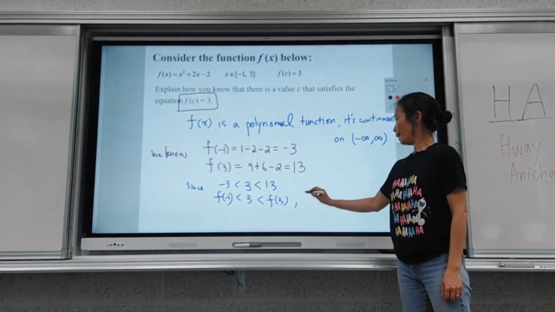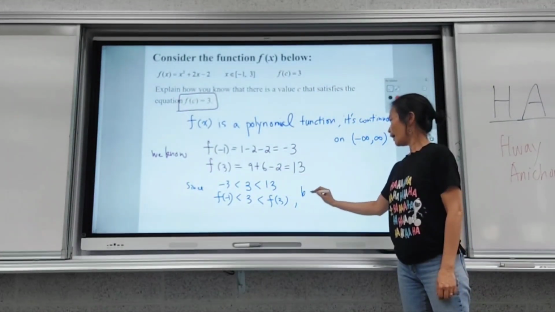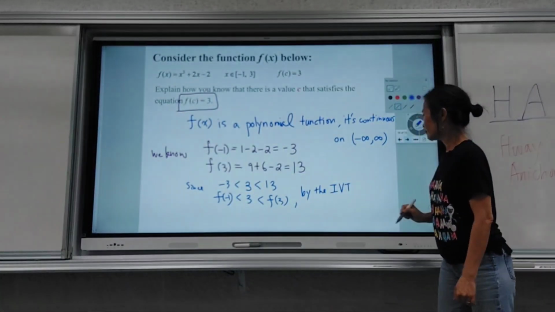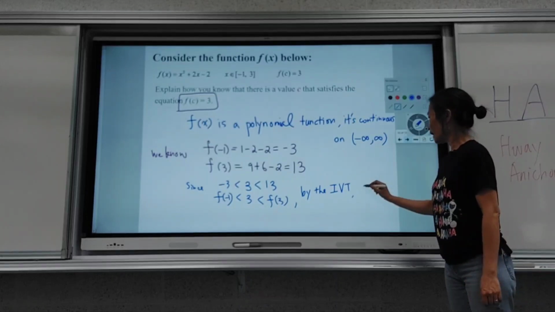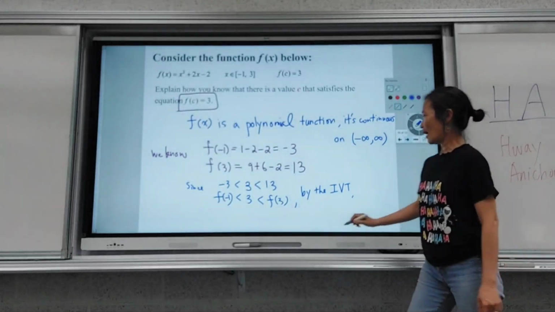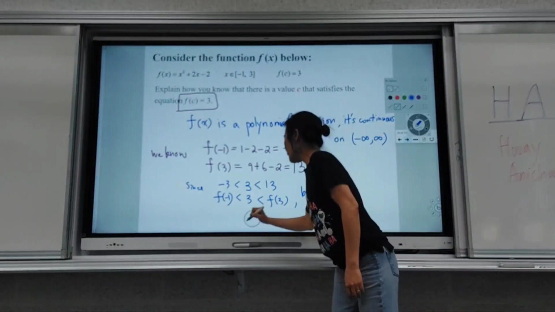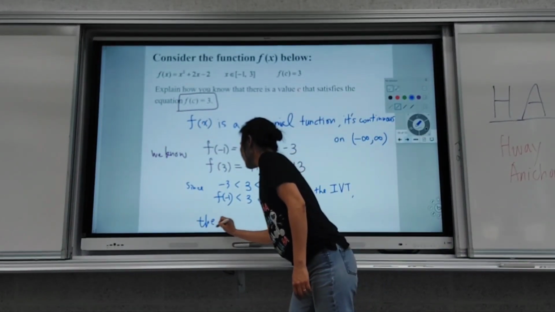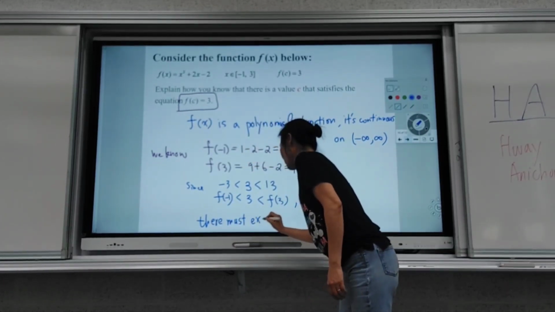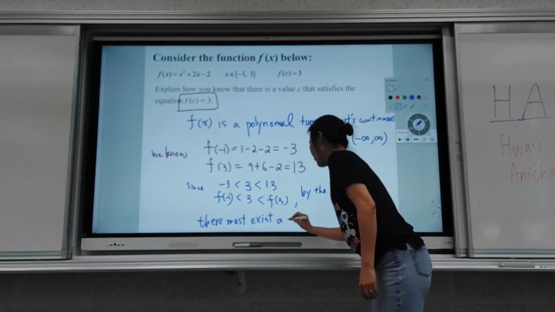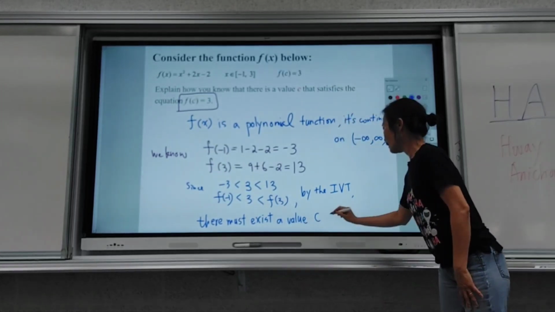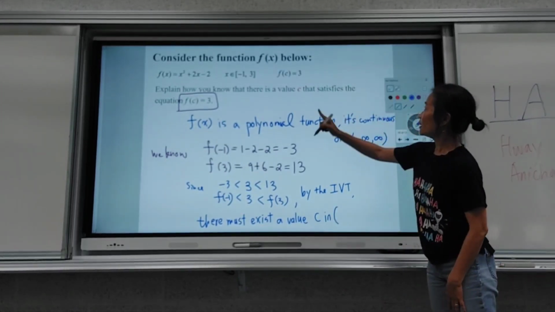Then, by applying the IVT theorem, okay, we guarantee, or let me write that, there must exist a value, a number c in this interval. What interval?